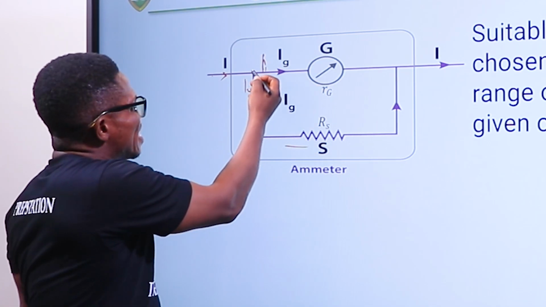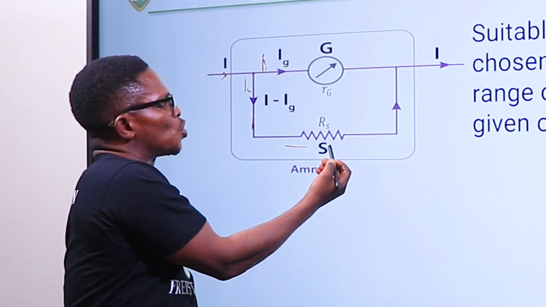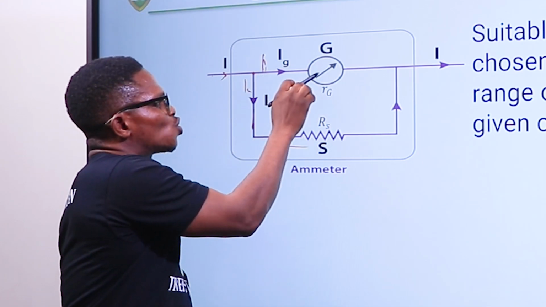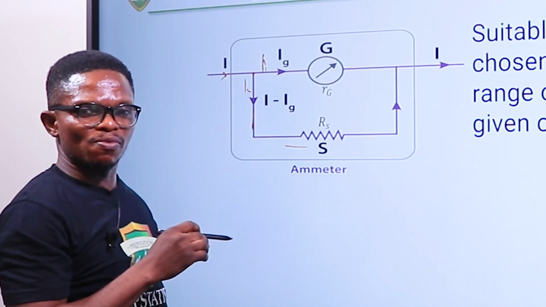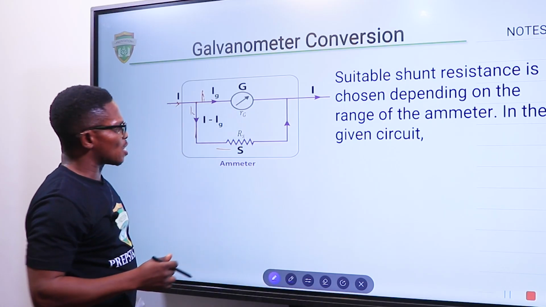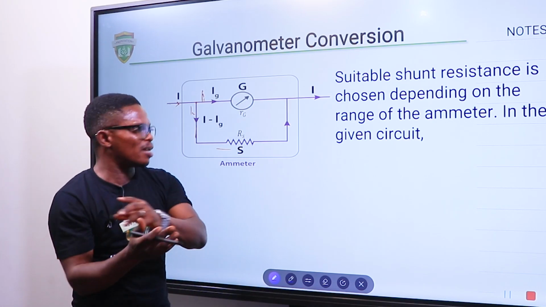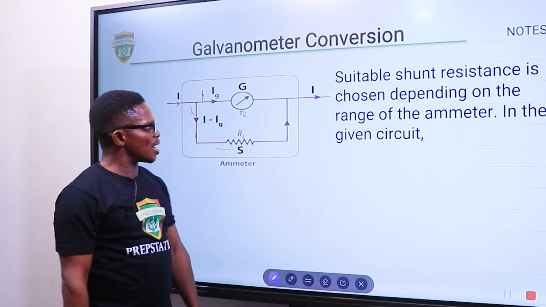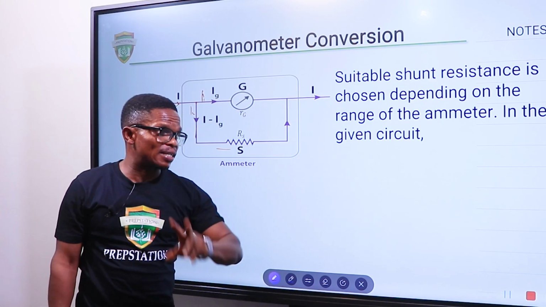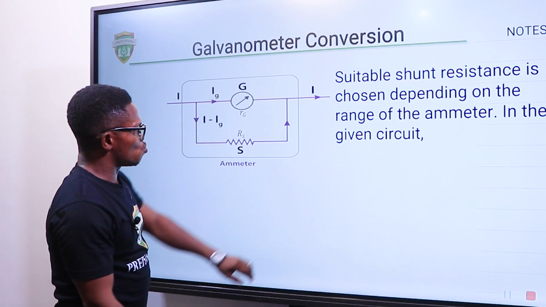So a greater amount of current has been diverted to this resistor called the shunt, thereby allowing just small currents to go into the galvanometer. In other words, to convert a galvanometer to an ammeter, connect a resistor in parallel to the galvanometer. With that, you have successfully converted a galvanometer to an ammeter.